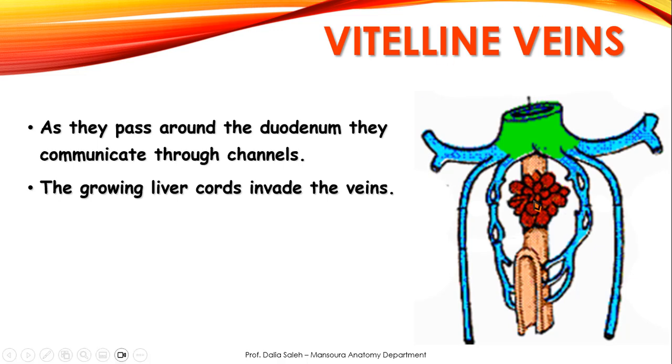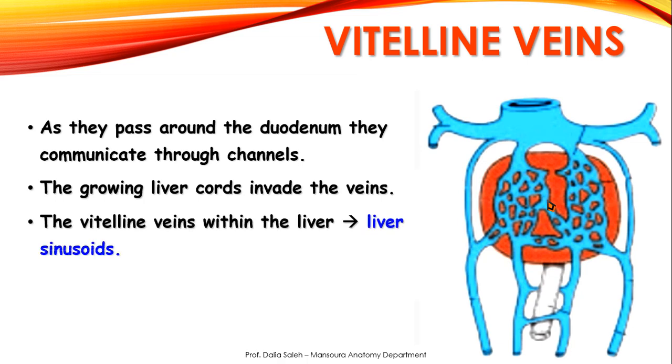The growing liver cords start to develop in this region and invade, as they grow, the vitelline veins. So basically, the liver cells will break down these vitelline veins into small sinusoids. The vitelline veins within the liver will be broken down into the liver sinusoids.